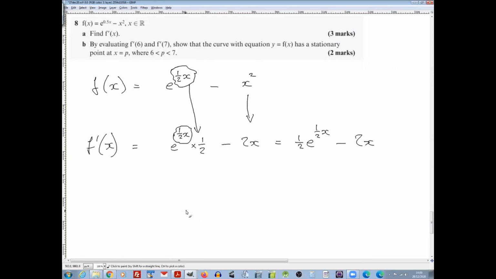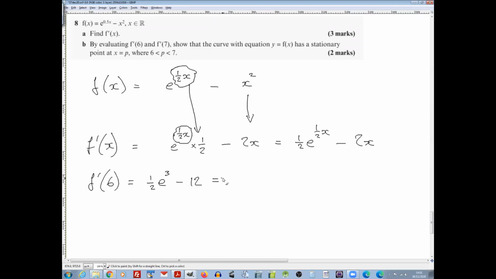Perfect, good. So let's do what they asked and say f dashed of 6 is? Half e to the half times 6, so e to the cubed, yeah, minus 12. Yes. Now, what is e cubed? We don't know whether it's more or less than 12. So we need to ask a calculator, I guess. Unless we know roughly what e is. What is it? 2.7, I think.